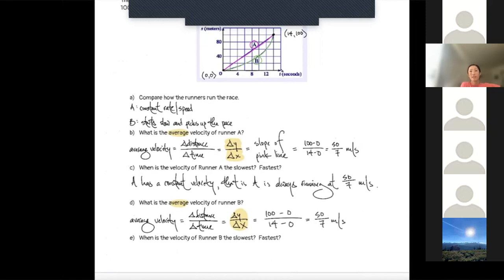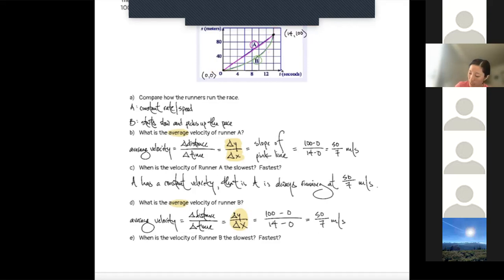Somewhere in the beginning, we can say that the velocity is kind of slower, okay? When would runner B be running the fastest? Right before the end, right? This is the mad dash to the finish. Like maybe I can catch you, maybe I can pass you in that last stretch. Okay. I agree that velocity is slowest at the beginning and fastest at the end.